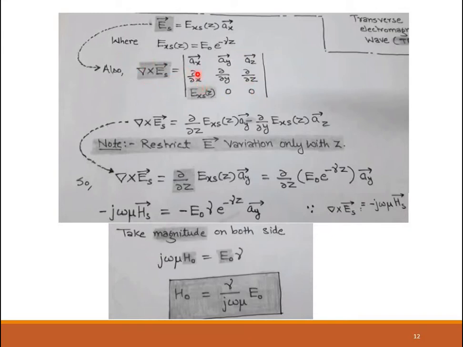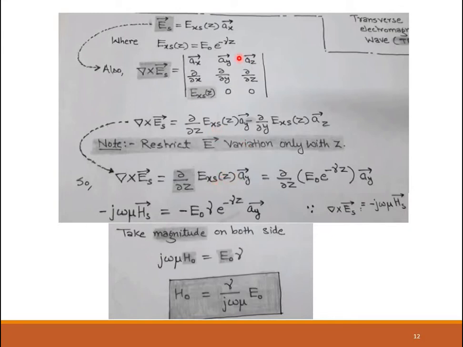Del cross E_s has only the X component, which is why it is written over here, and the others are 0. We need to consider only the E_xs components; the other terms are 0. Again, there is no variation with respect to y, so this term also becomes 0. So I have only this first term.